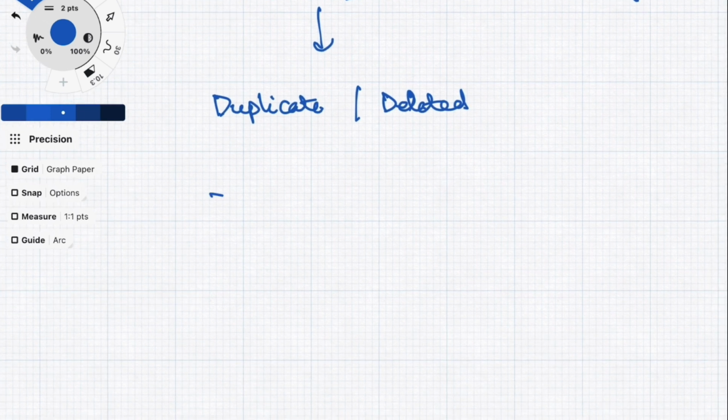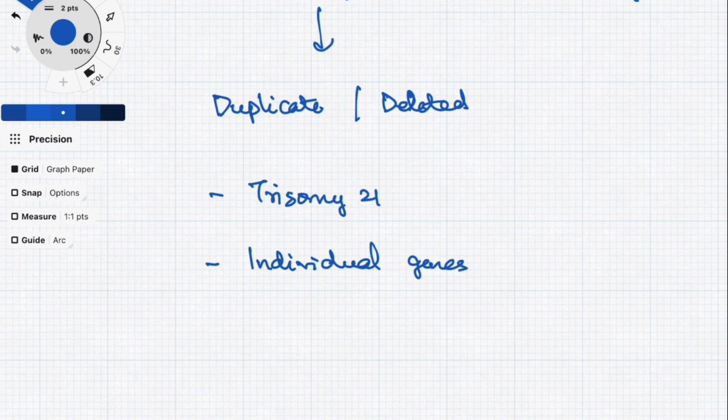An example which I can give is trisomy 21. So we already know this to be Down syndrome. Here the individual genes are actually normal, they are not abnormal. Rather, the entire chromosome either appears in more numbers or it is not appearing at all.